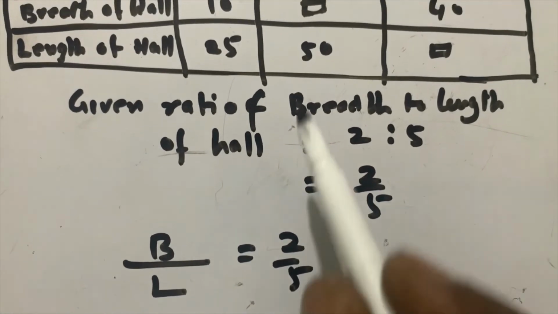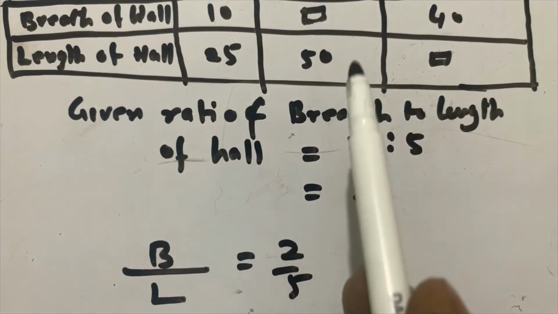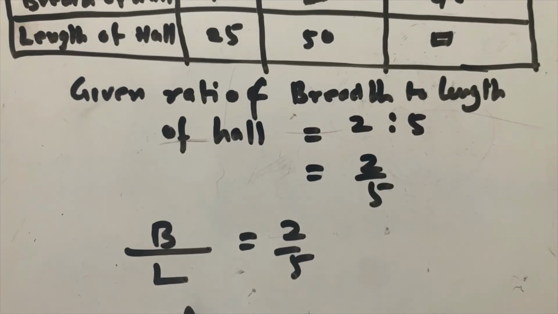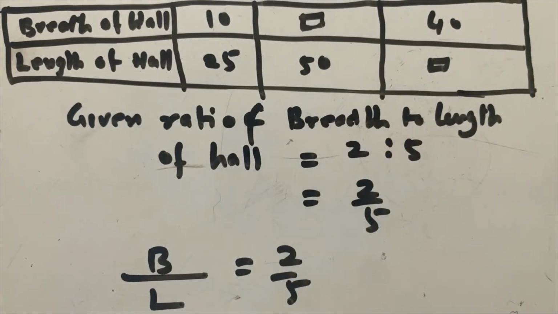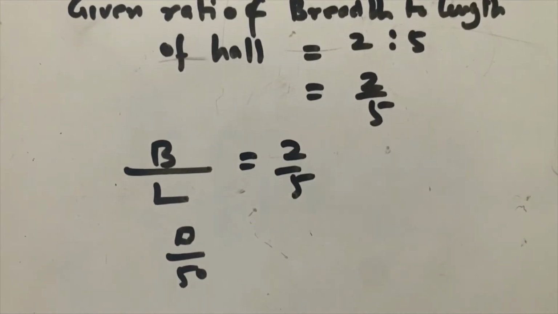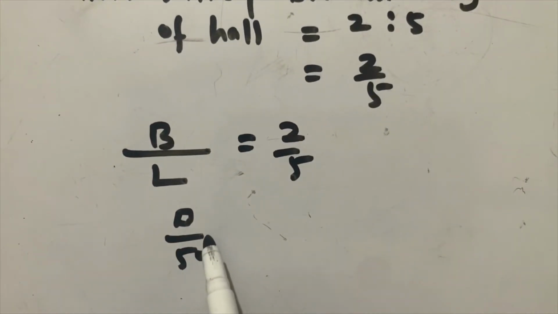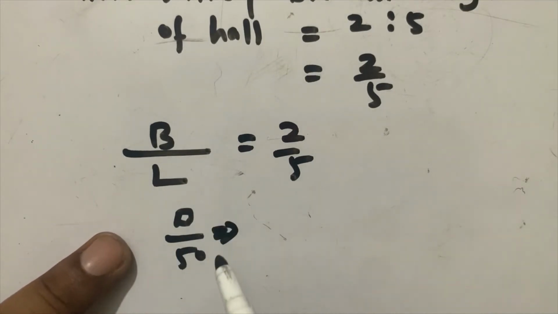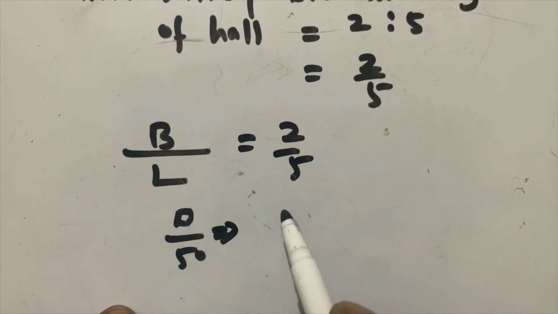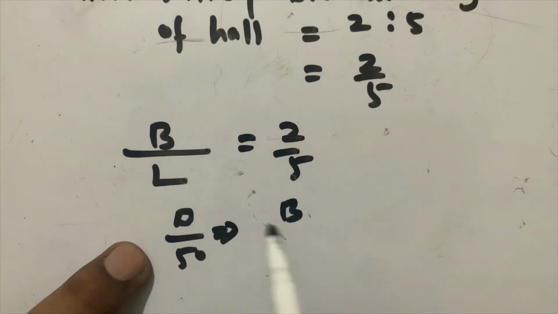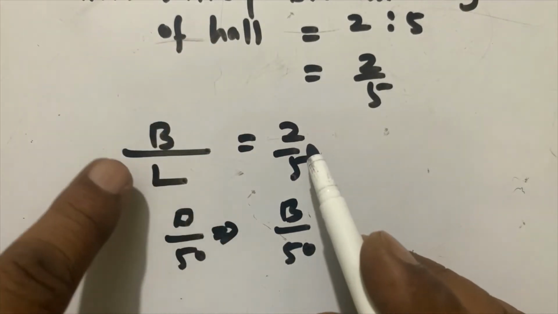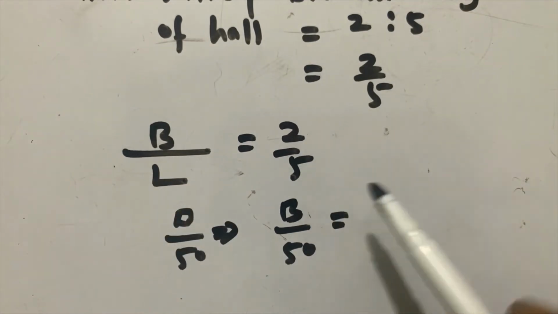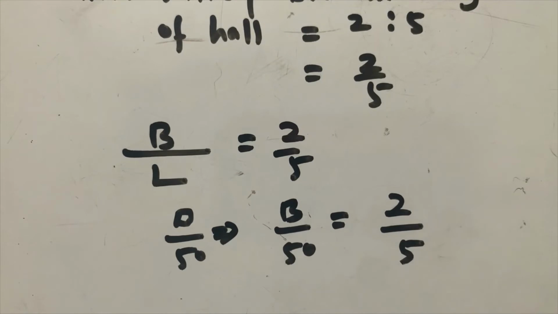Now first you have to find the value of this table. We have to find the value of breadth. Now we will consider breadth. Breadth upon 50 is equal to the already given ratio 2:5, that is 2/5.